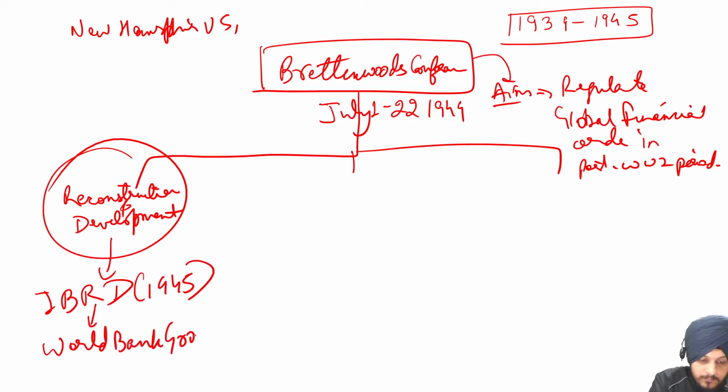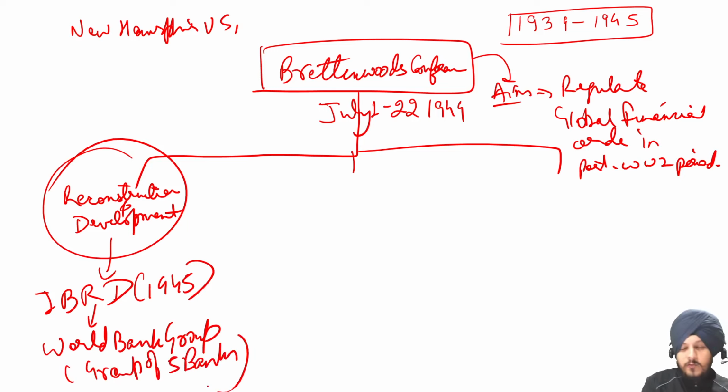Now don't confuse the World Bank Group with the World Bank, though the World Bank is a part of the World Bank Group, but the World Bank Group consists of a group of 5 banks. And what are those 5 banks? We are not going to get into detail because this video is regarding the IMF, otherwise the video will become very lengthy. But just understand that the World Bank Group is also an outcome of the Bretton Woods Conference.